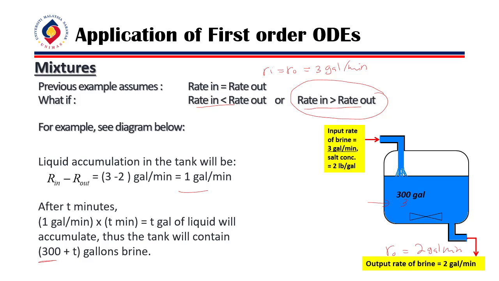So this 300 plus t gives us the gallons of brine inside the tank.